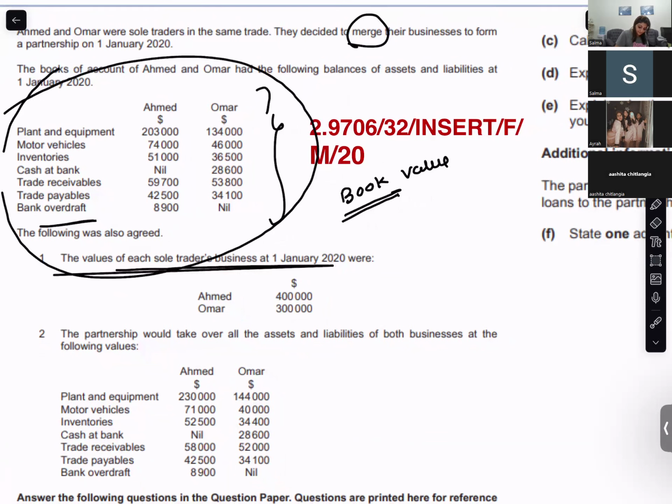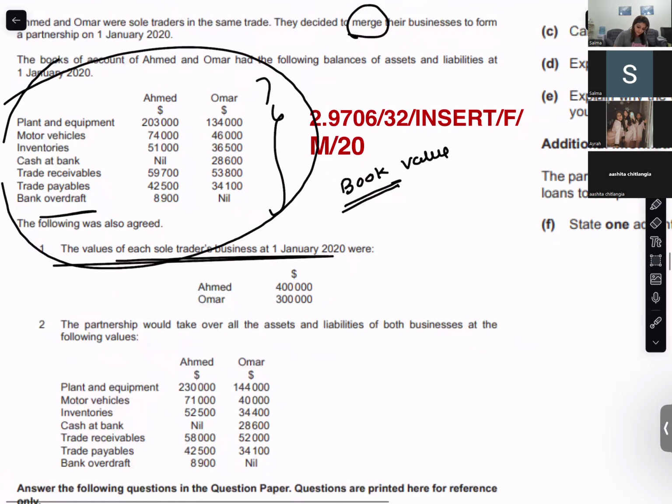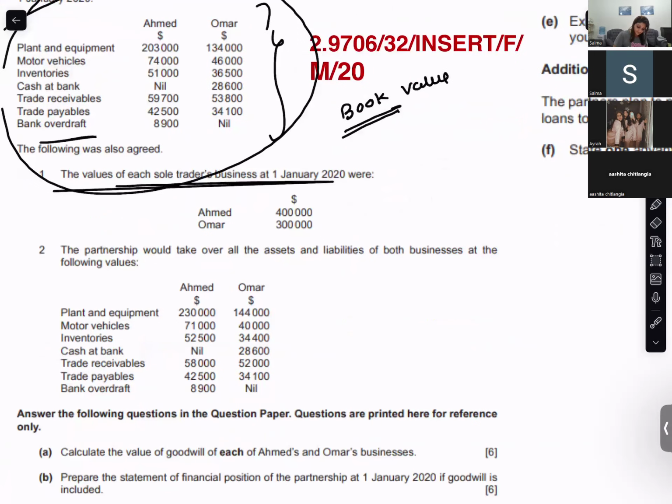The value of each sole trader's business at 1st January 2020 were Ahmad 400,000, Omar 300,000. What is this part? This is the capital, the value which is their existing value of the business in the market, right? Okay, fine.